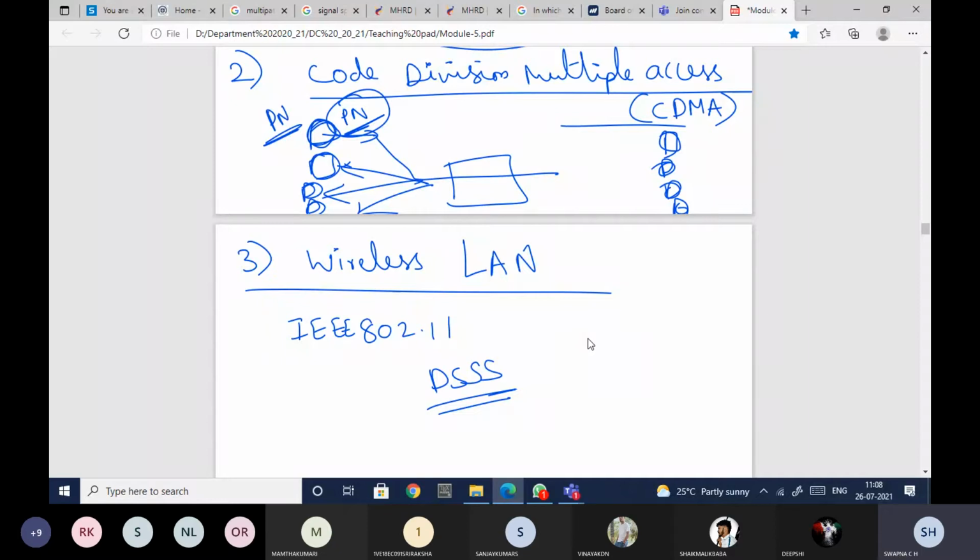If I'm transmitting through open space, DSSS will avoid that eavesdropping. One more thing is it will also help to avoid hacking. That's why direct sequence spectrum is used in wireless LANs.